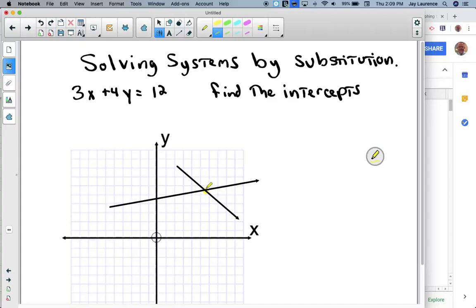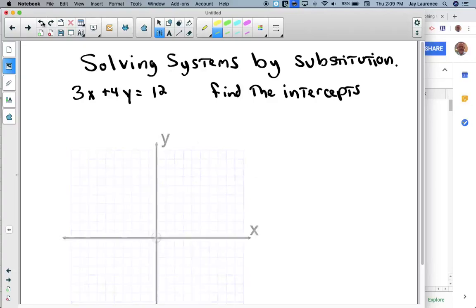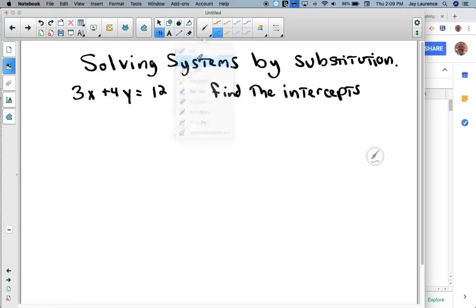We know that it's intersecting there, but if we're counting by ones or whatever, it'd be difficult to know because we're between two whole numbers. So we're going to be learning some other methods that won't fail us if the coordinates of the point are not an integer.